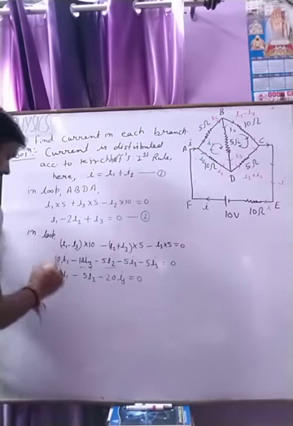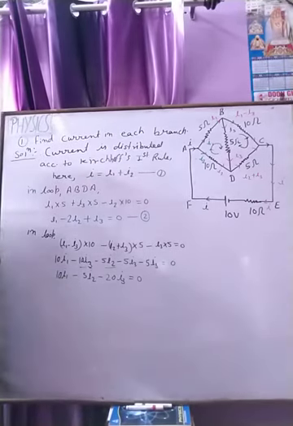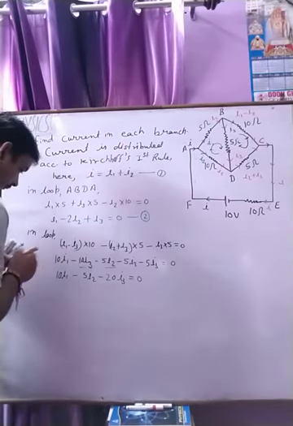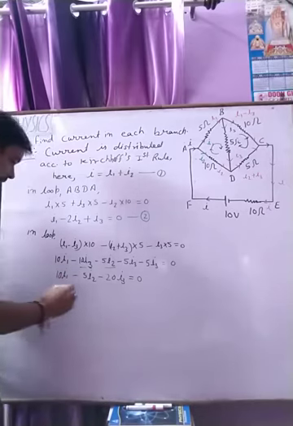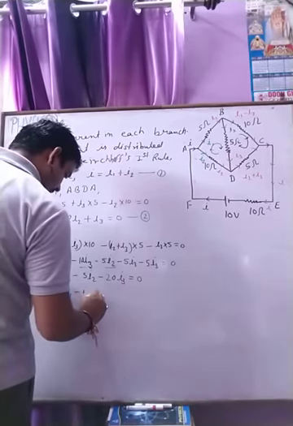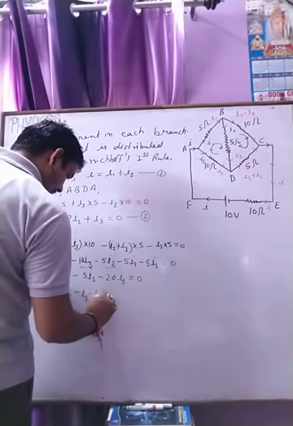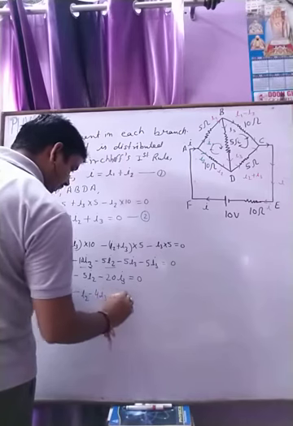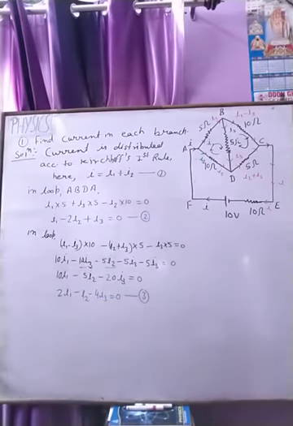By taking 5 as common, we get 2I1 minus 3I2 minus 4I3 equal to 0. This is equation third.